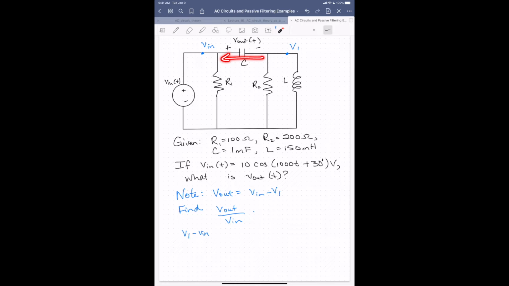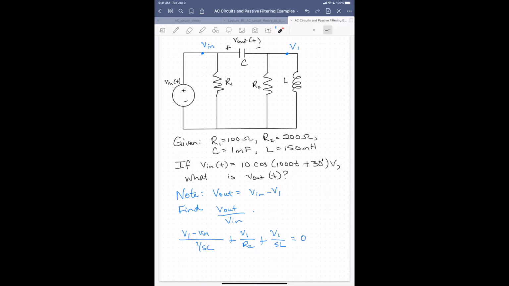V1 minus Vn over 1 over Sc. And then we have V1 minus 0 over R2 plus V1 over SL equal to 0. And so that's the equation we're going to work with.